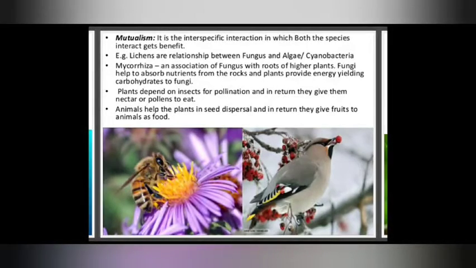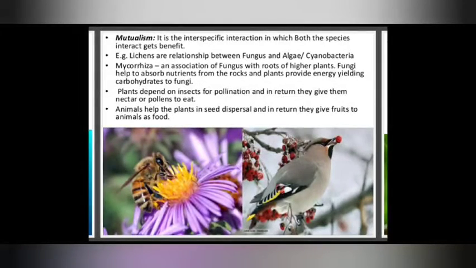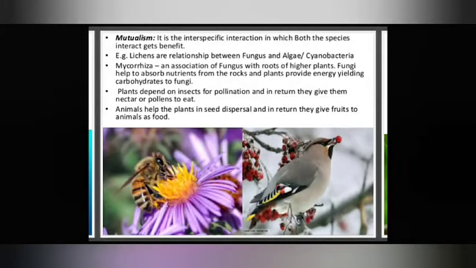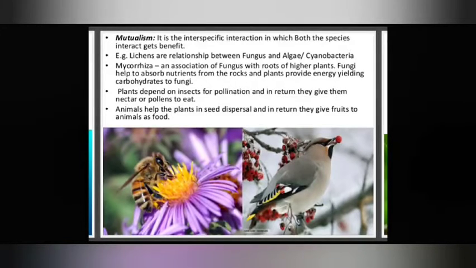In this interaction, fungi help to absorb nutrients from the soil and plants provide energy-yielding carbohydrates to fungi. Likewise, plants depend on insects for pollination, and in return, they give them nectar or pollen to eat. Also, animals help the plants in seed dispersal, and in return, the plants give fruits to animals as food.